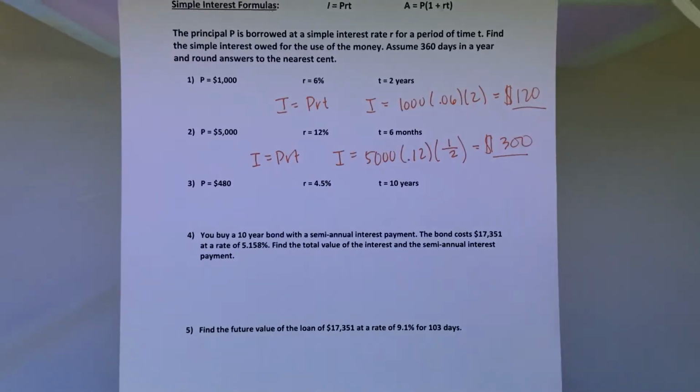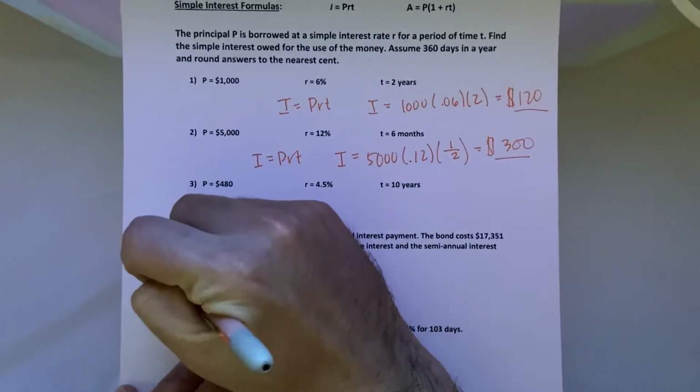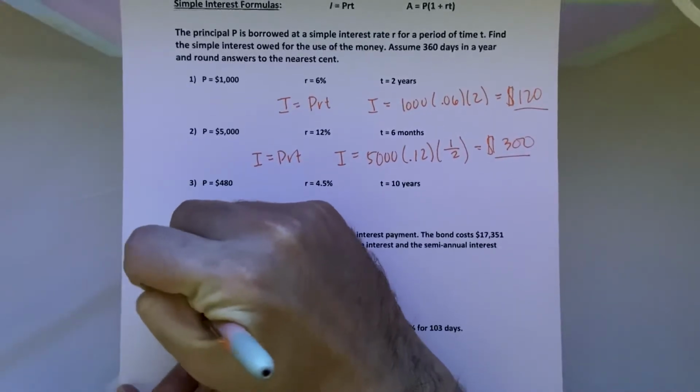If it's a semi-annual interest payment, let's talk about what these all mean. Annually is once a year.